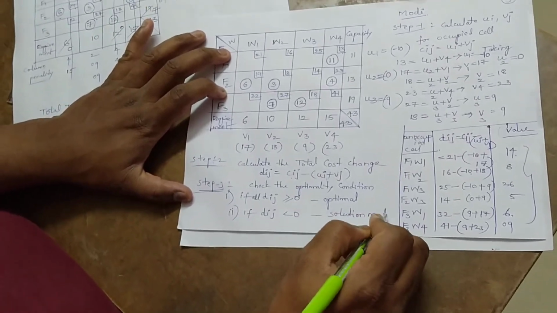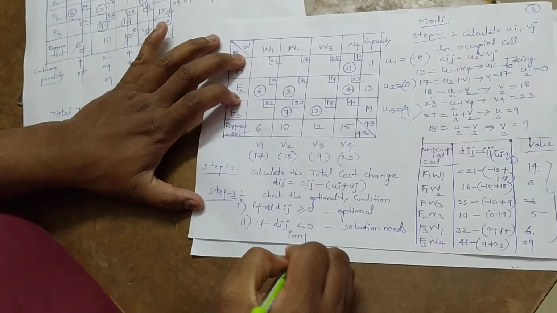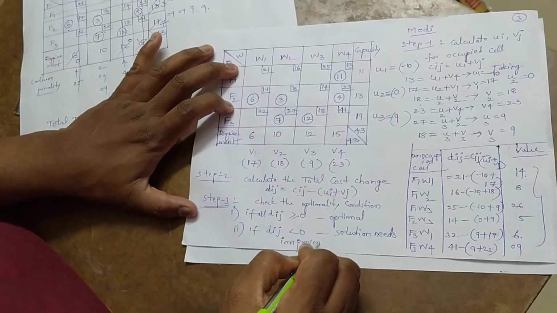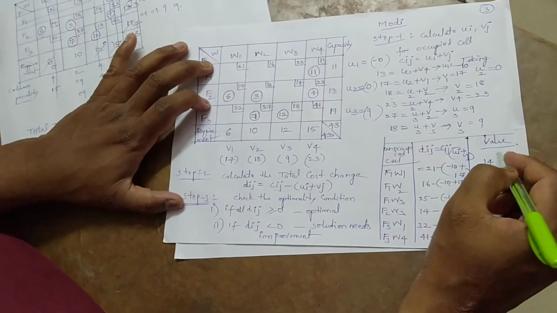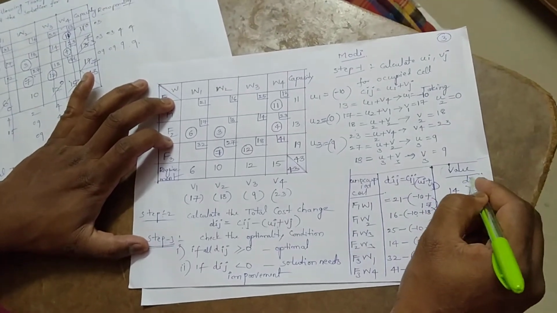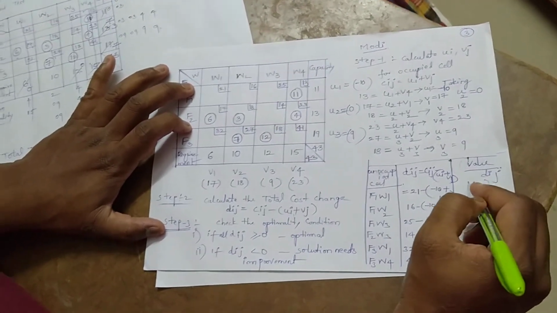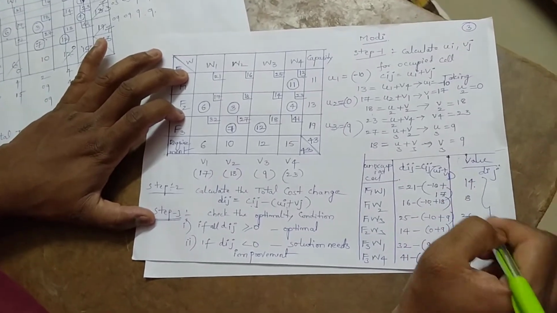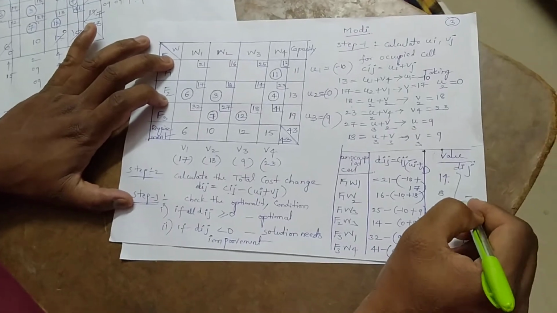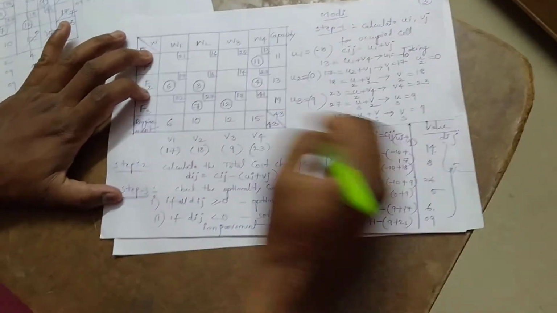Now here in this particular problem we have calculated all the dij values for all the unoccupied cells, and the dij or net cost change values are all positive. So that means this is an optimal solution.